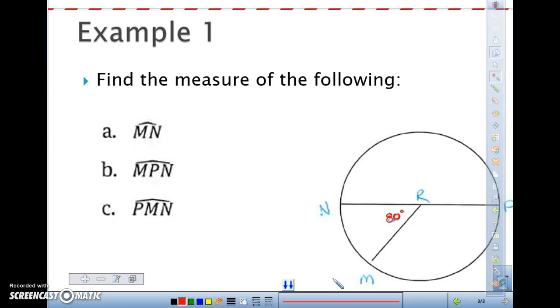So letter A, we want to find the measure of arc MN. Is arc MN going to be a major or a minor arc? Minor. How do we know? 2 letters. Excellent job. So MN. So we're talking about this arc here. Its measure is the same as the central angle that cuts it off. So we're looking at 80 degrees.